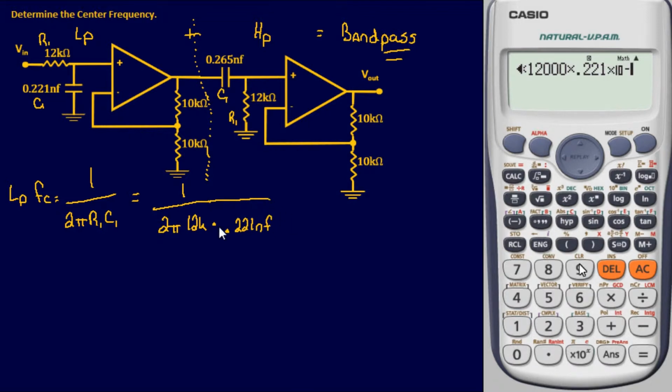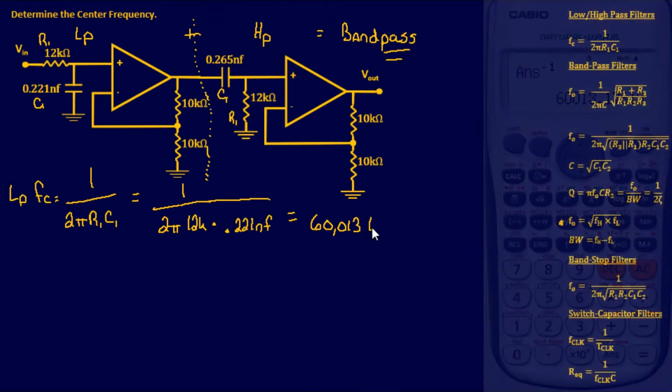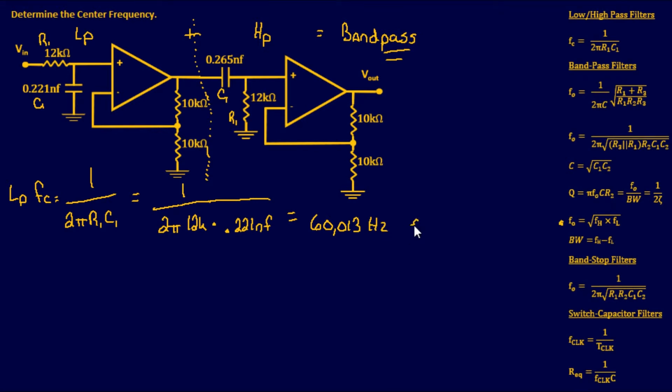And this is just a simple plug and chug in your calculator, which is going to give me an answer of 60,013 hertz. Or we can just round and say this is 60.0 kilohertz. And that was our cutoff frequency for our low-pass filter. I'll put that up here: low pass cutoff equals 60 kilohertz.